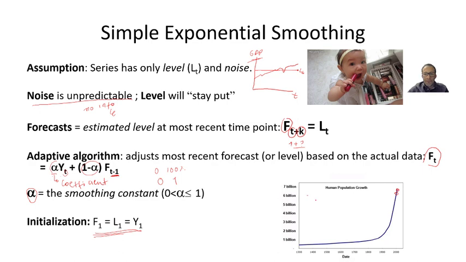That ensures that we have a forecasted value around here. This one plus this one gives us something around here. So that is the idea of exponential smoothing: to give weight to the observations.